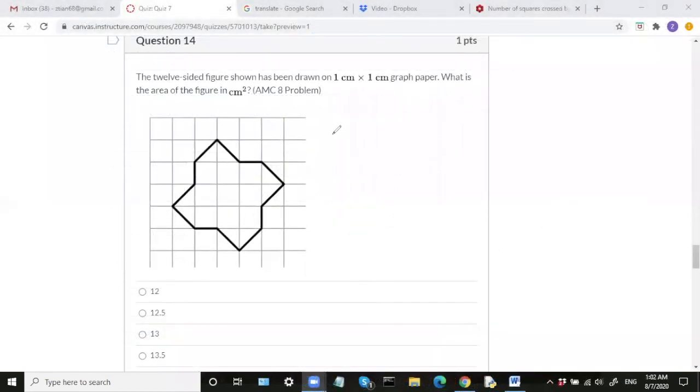Problem 14. The 12-sided figure shown has been drawn on 1 centimeter by 1 centimeter graph paper. What is the area of the figure in square centimeters?